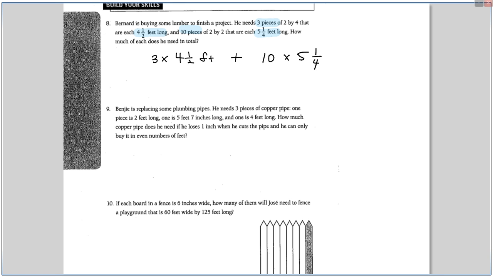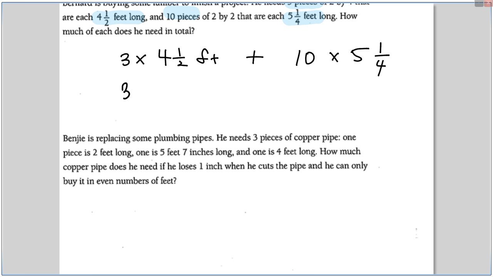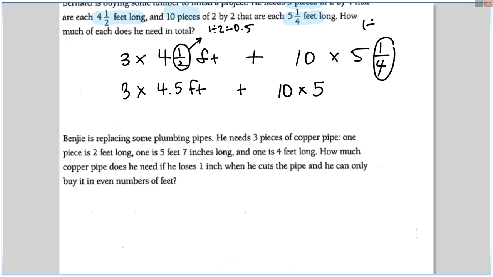Okay, so anytime you're given mixed fractions like this, I would recommend that you just convert the fraction to the decimal. So type 1 divided by 2 into your calculator, you'll get 0.5. So this is 4.5 feet. And then the other one will be 10 times, just type 1 divided by 4 into your calculator, you get 0.25.